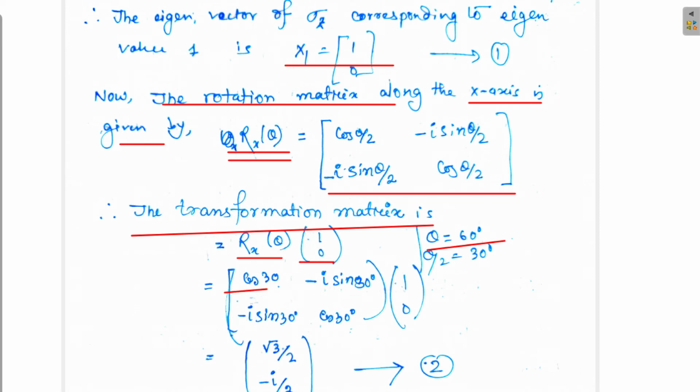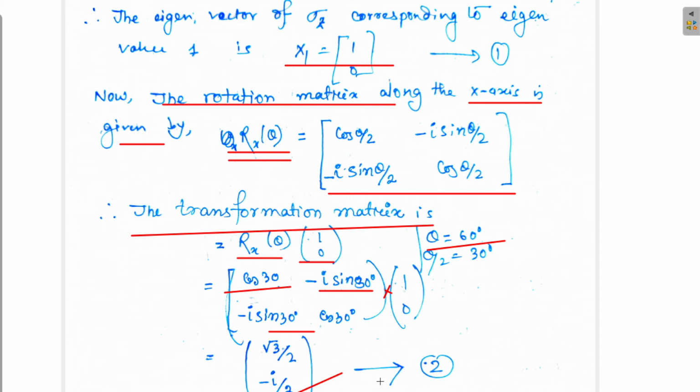So the rotation matrix now becomes like this. Then we multiply it with the eigenstate of sigma z. This gives us root 3 over 2 and minus i over 2. So this is the transformation matrix.